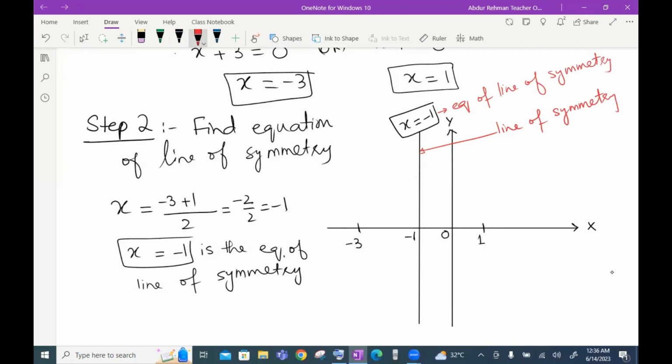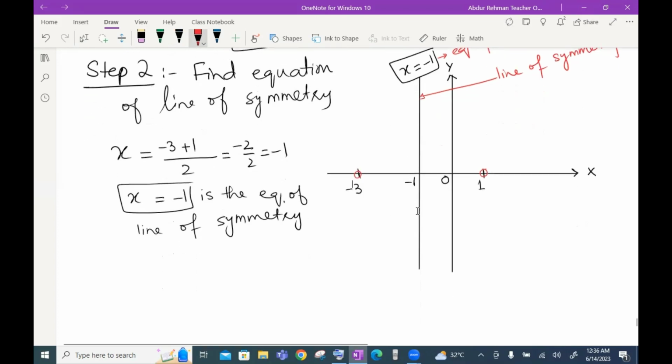Now the next step is to find the turning point and the y-intercept.